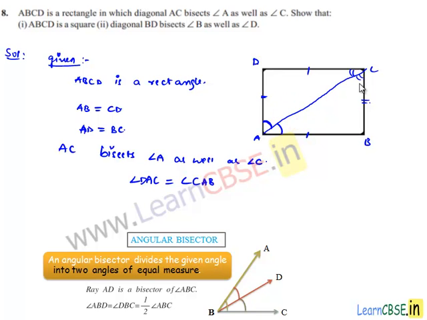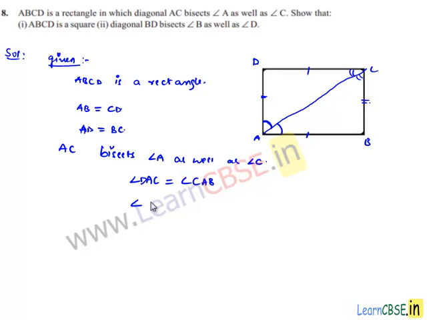And also AC is bisecting angle C. So we can say angle DCA is equal to angle ACB.